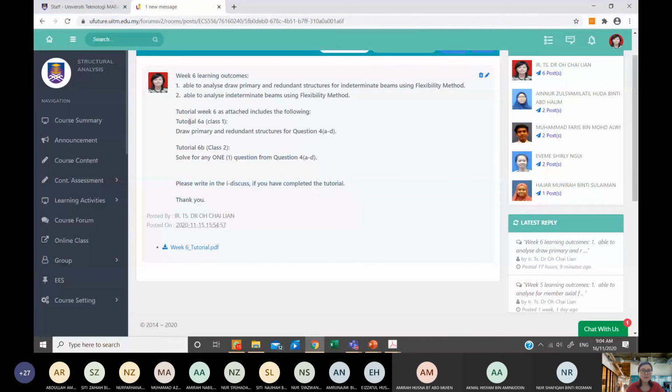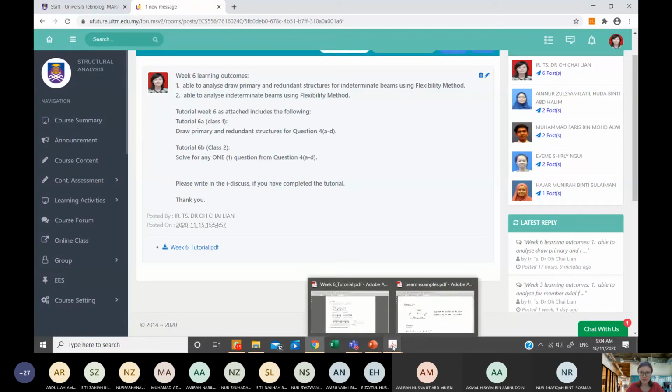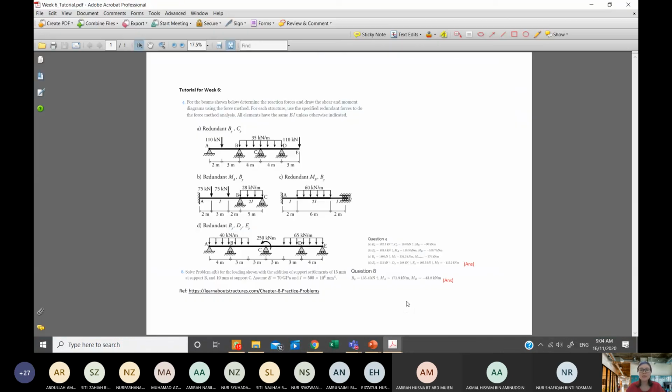They are sharing the same handout tutorial question. I will open this tutorial question and tell you what you need to do for this class. Later, please take it from the iDiscuss.